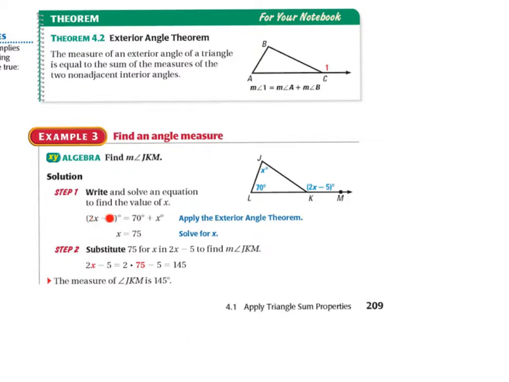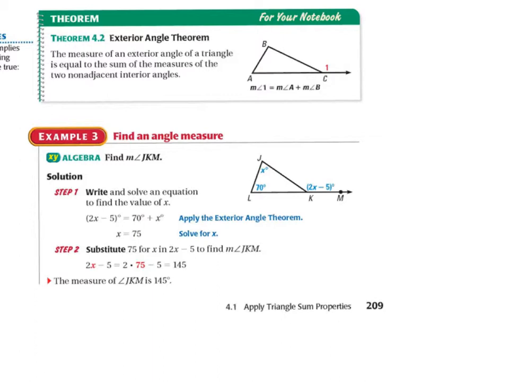On one side we have our 2x minus 5, our exterior angle, this was our linear pair angle here. Our two non-adjacent angles here are 70 and x. So we do 70 plus x. Simplify that: 2x minus x gives us x. We add our 5 from over here to the 70, and we have 75.